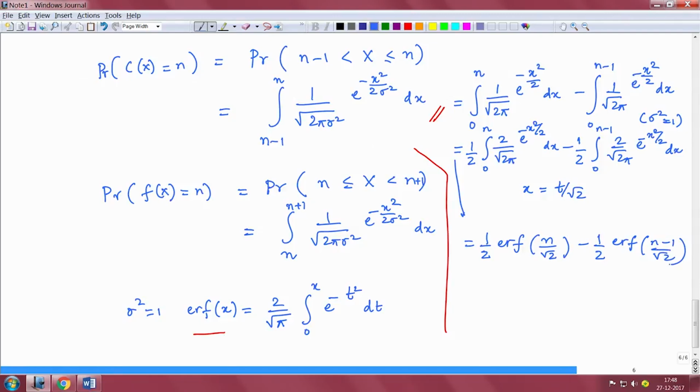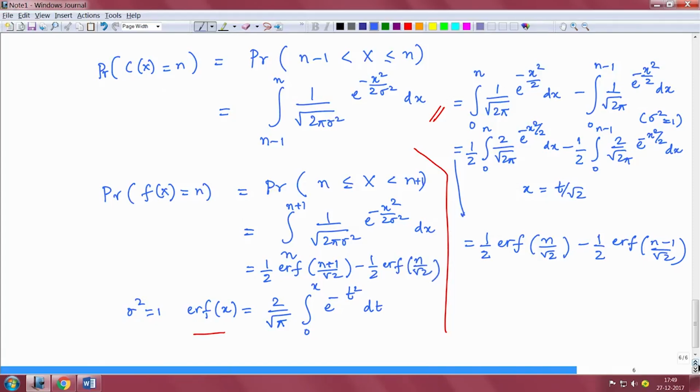Similarly, this expression evaluates to half of ERF of n plus 1 over root 2 minus half of ERF of n over root 2.